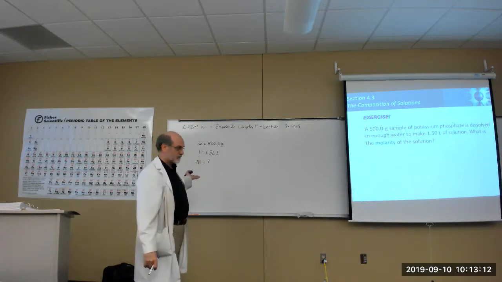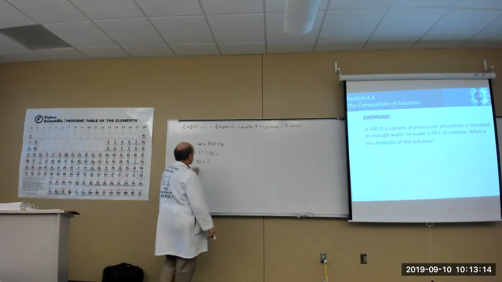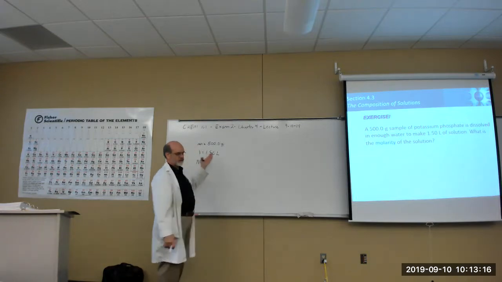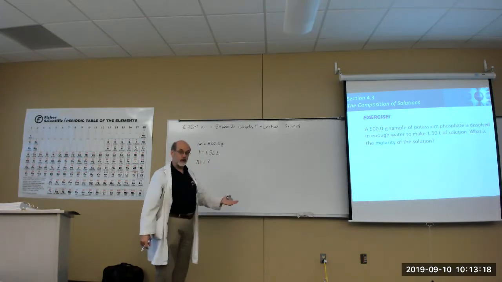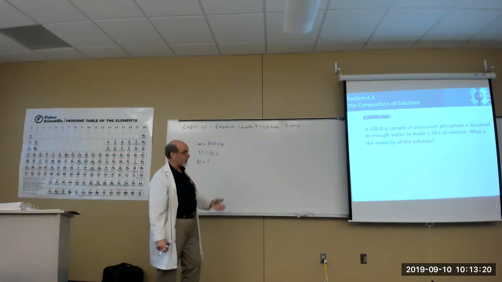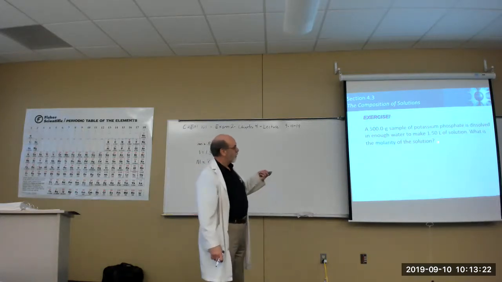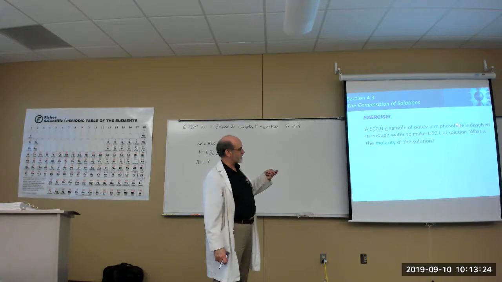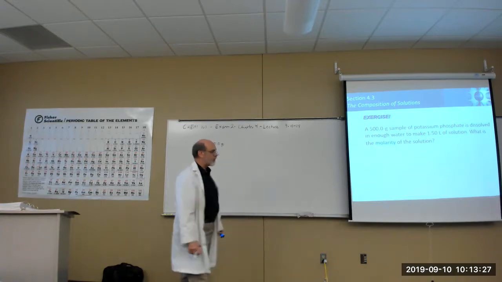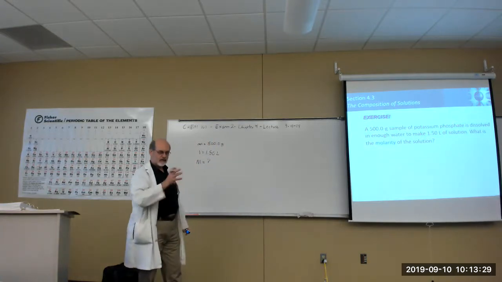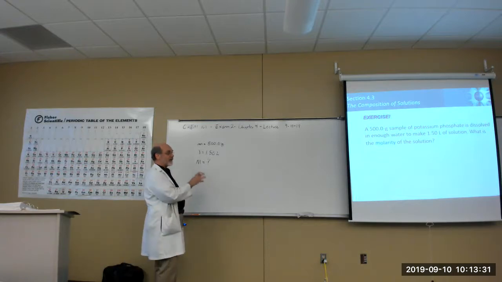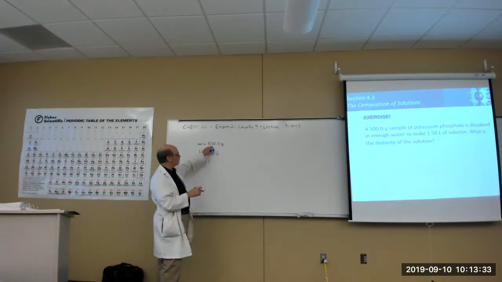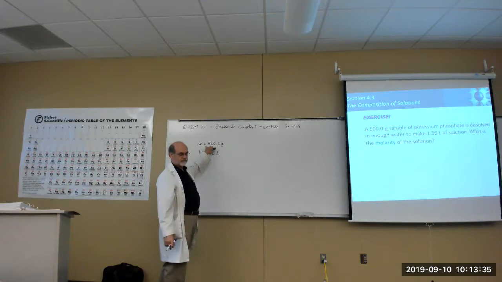We need moles. So how do you get moles from 500 grams of potassium phosphate? You have to do a conversion. First of all, we have to know what is the molar mass of potassium phosphate. If we know the mass of a mole of potassium phosphate, then we have a conversion factor that we can use to convert this into moles.